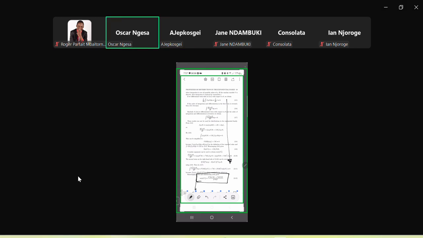I hope you're able to see my screen. Is that okay? Yeah. So remember that if we assume f of y theta belongs to the exponential family, is that okay? If you integrate any probability distribution with respect to the random variable y, what do you usually get?